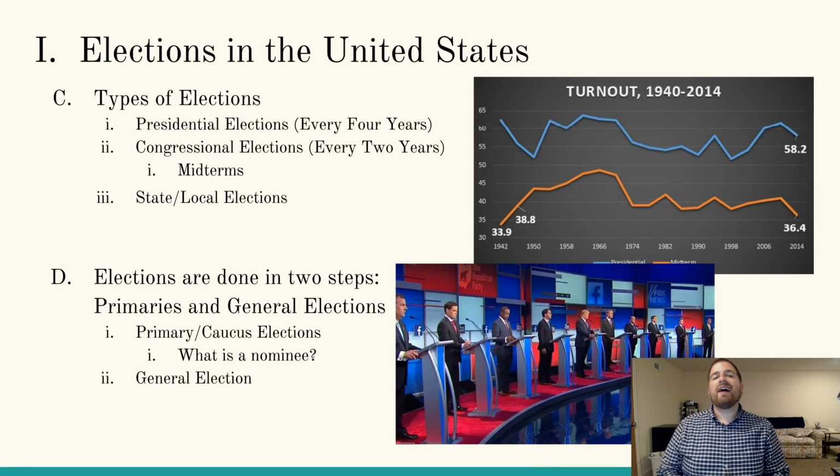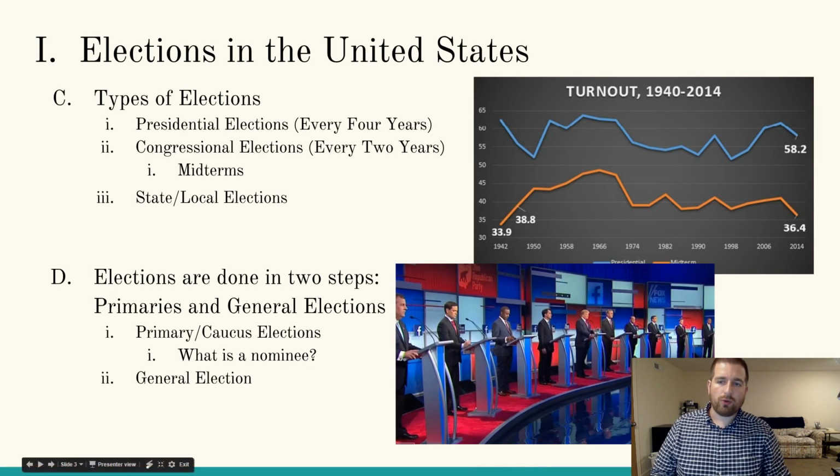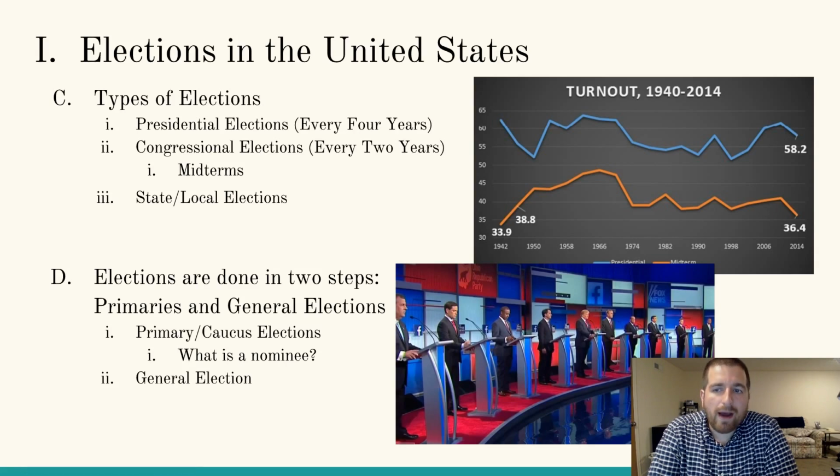Before we move forward, I'd like to take a look at this graph here on the right. Now, as you can see by the title, this has to do with voter turnout from 1940 to 2014. The blue line represents turnout to presidential elections. The orange line represents voter turnout to midterm elections or non-presidential elections. As you can see with the blue line, the last presidential election we had was in 2012.